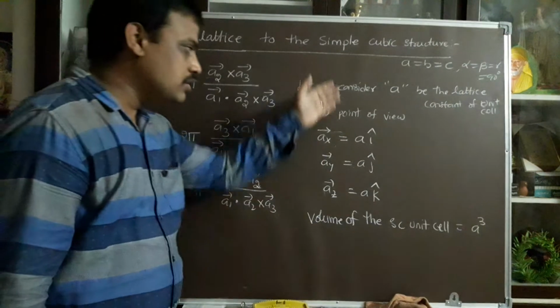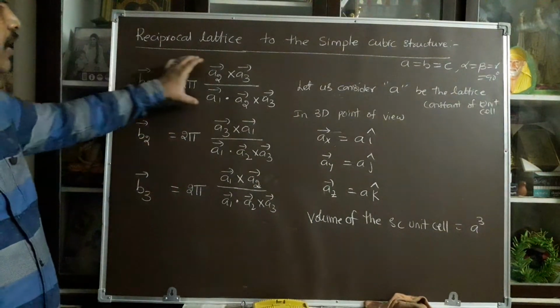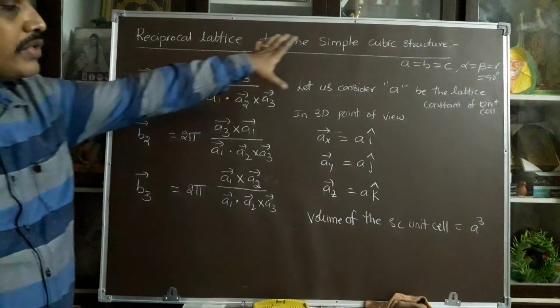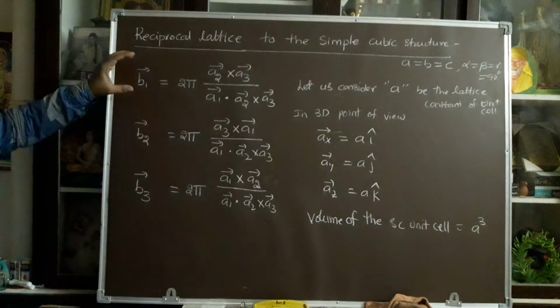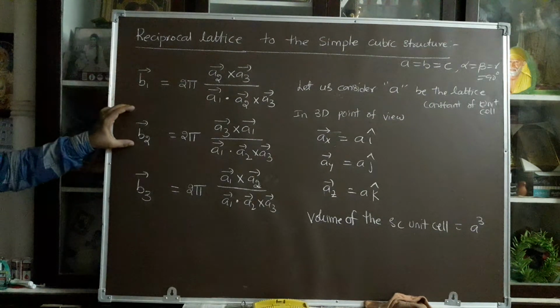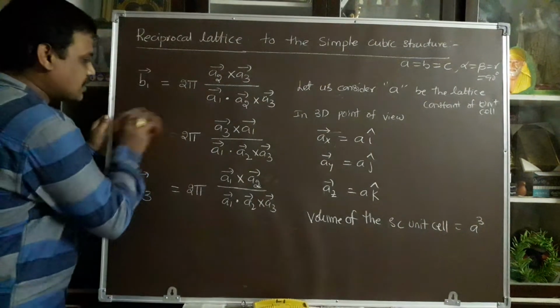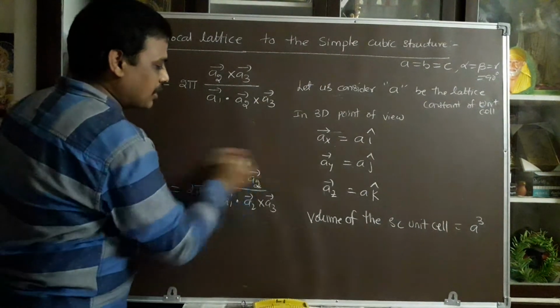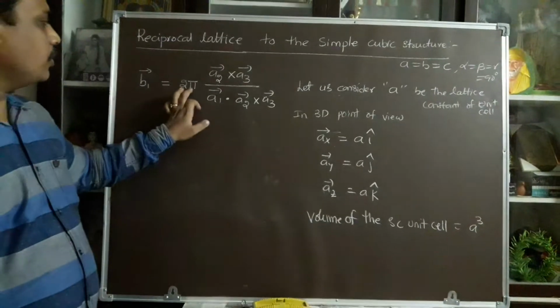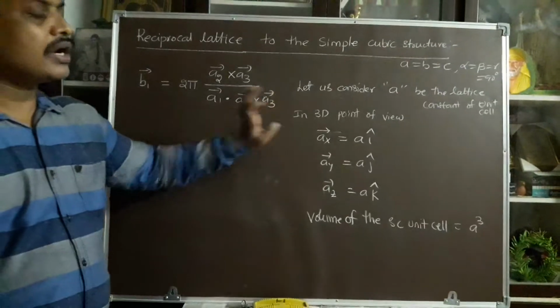Based on this, you can write the primitive vectors of the reciprocal lattice of the simple cubic structure, nothing but b1, b2, b3. For the reciprocal lattice of the simple cubic structure, b1 bar is equal to 2 pi into a2 bar cross a3 bar divided by a1 bar dot a2 bar cross a3 bar.